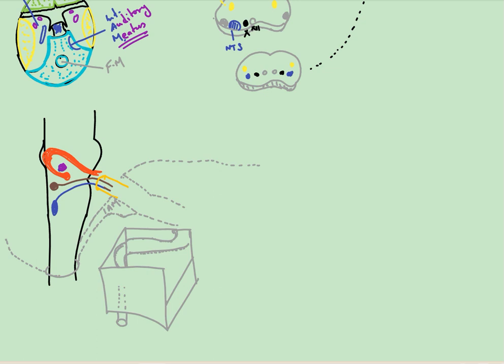Yes, sir. Okay. So, you know, the stylomastoid foramen is a foramen present between the styloid process and the mastoid process. So if this is the stylomastoid foramen, can I say that here is going to be the mastoid process of the temporal bone, and this is going to be the styloid process, because that's the position of the stylomastoid foramen.